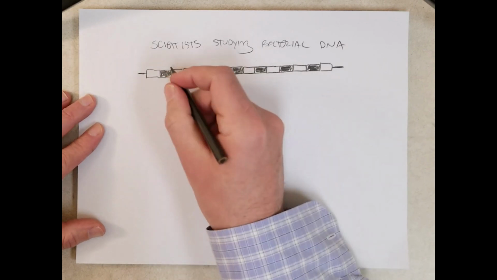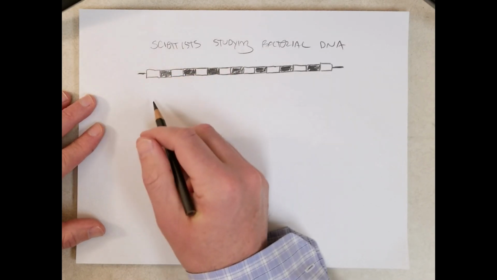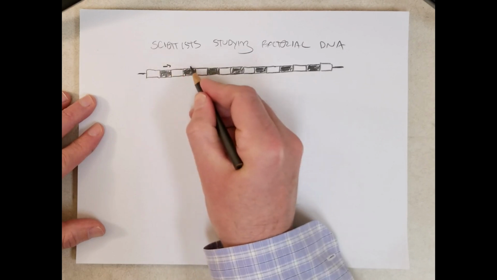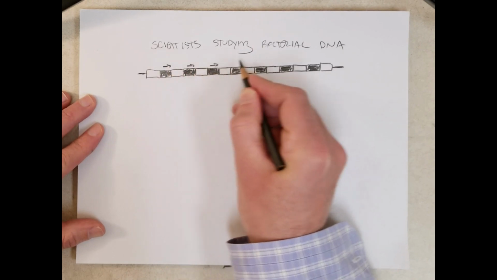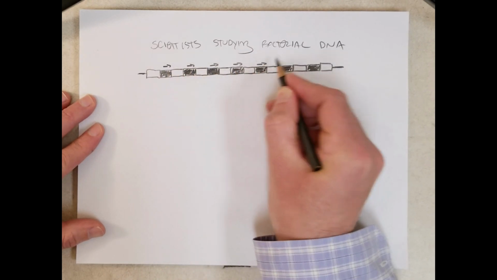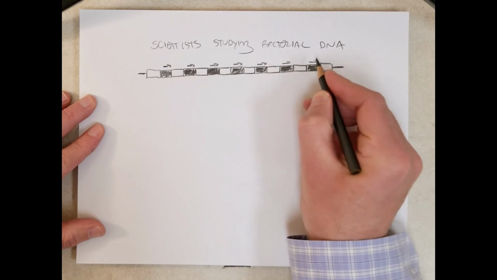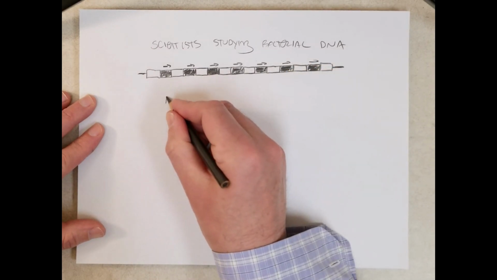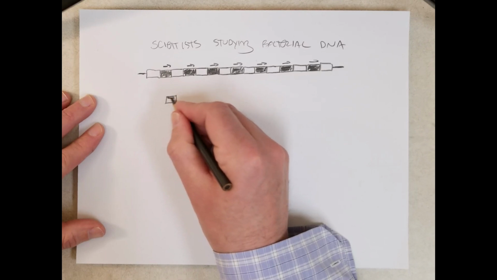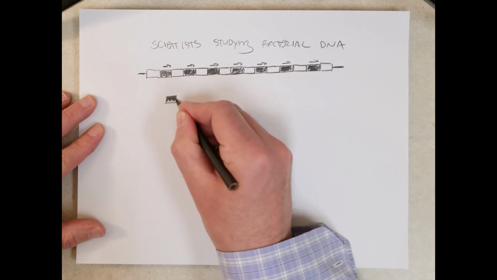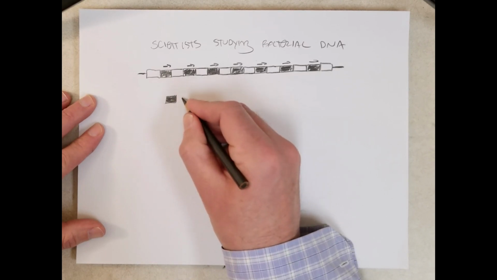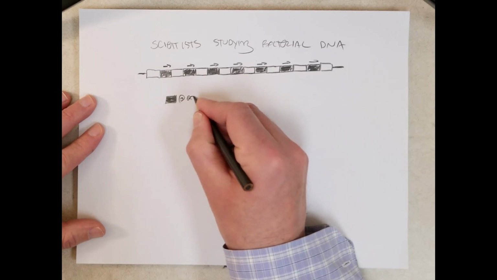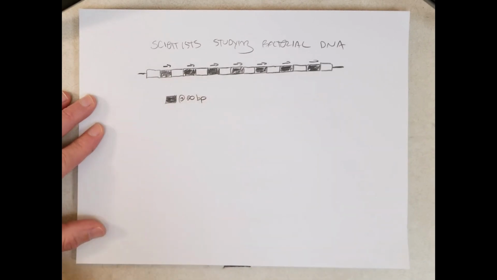So what they found was that some parts of the bacterial chromosome had these repeated sequences. And for now, let's say the colored boxes here are repeated sequences of about 20 base pairs in length.